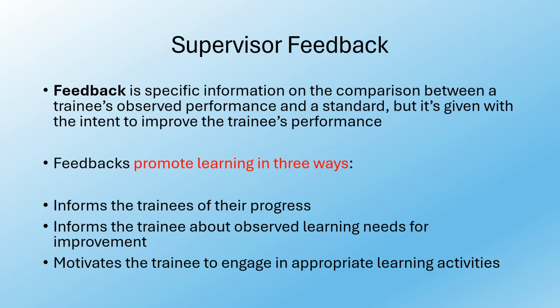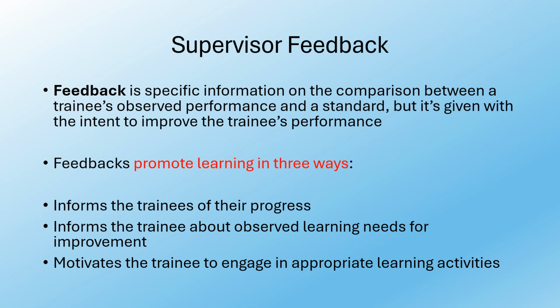Here, on this slide, we are talking about supervisor's feedback. Feedback is specific information on the comparison between a trainee's observed performance and a set of standards. But this information is passed to the trainee with the intent to improve the trainee's performance. It's very key. Feedback promotes learning in three ways.